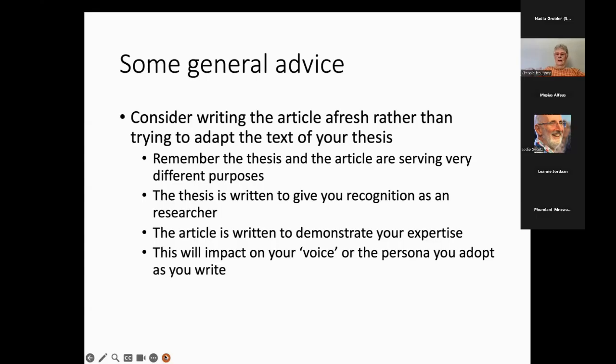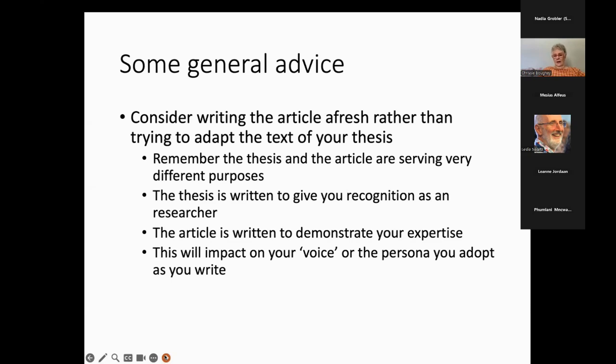So in your thesis, you're trying to prove that you should be recognized as a researcher. You should be given the title doctor because you are like the other doctors. So think about the submission of a thesis as a way of gaining recognition as a researcher. And that recognition comes in the title doctor.